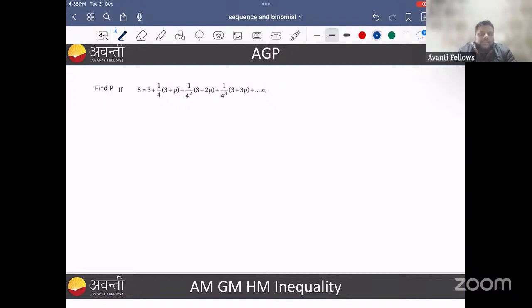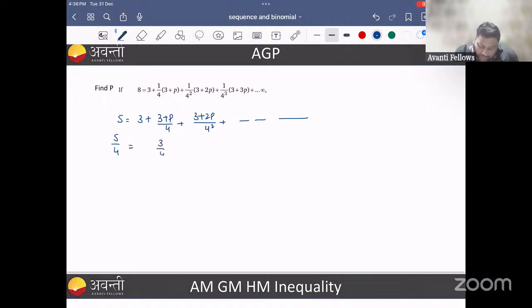See, again, same kind of question. I will start with S as 3, 3 plus P by 4, 3 plus 2P upon 4 square, and so on. Now see, this is going up to infinity. I multiply this series by 1 by 4 and write it by pushing a term.